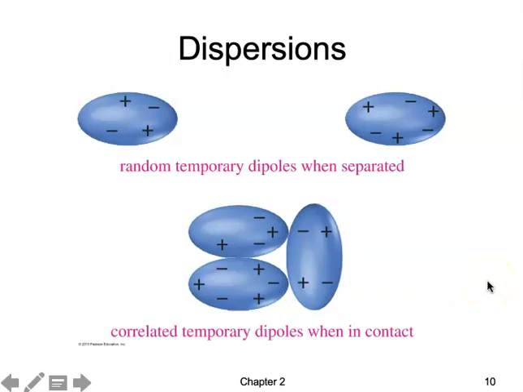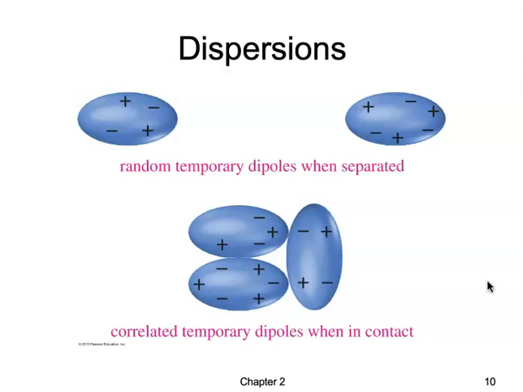So the point is that if you're only talking about London dispersions, these can be very weak. But if you get a big enough cloud of electrons, in other words, some huge molecular weight thing like diesel, right? Let's compare gasoline to diesel. In fact, if we were in class, I would burn some gasoline and burn some diesel. And what you'd notice is that the gasoline is so much smaller, even though there's only London dispersion forces.